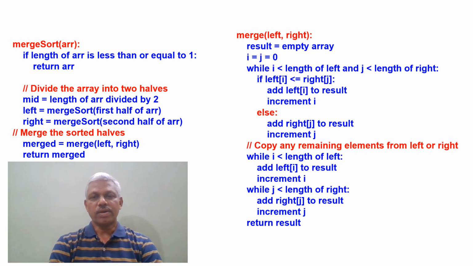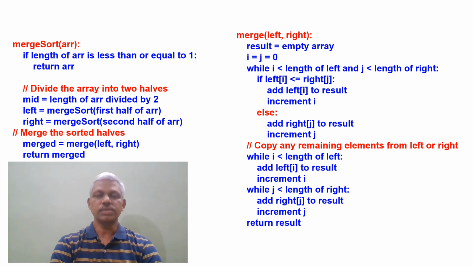If left of i is less than or equal to right of j, that means it compares the least elements among the left and right subarrays, which are obviously the leftmost elements of each subarray. If the element in the left subarray is smaller than the first element of the right subarray, then that element is copied into the merged subarray. So add left of i to the result, and then increment i.